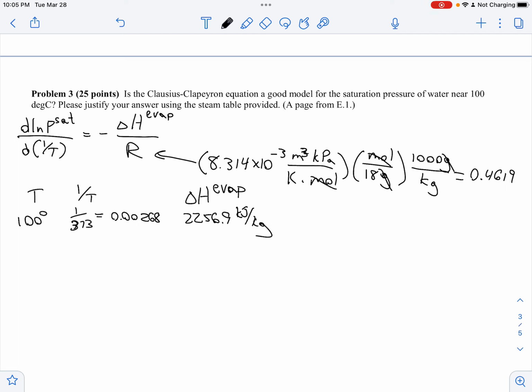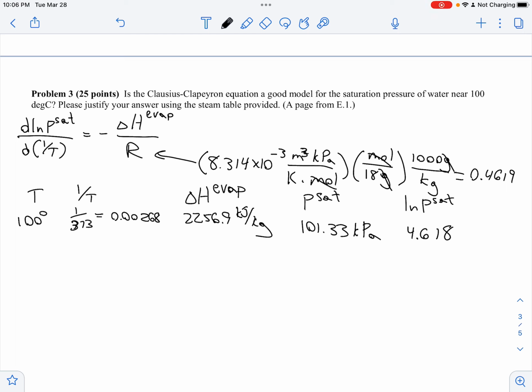And we also want the Psat in kilopascal. That is 101.33 kPa, and we can take the log of it. It's going to give us 4.618.